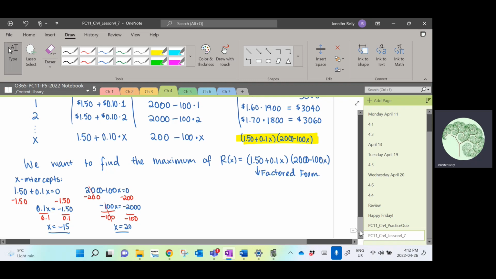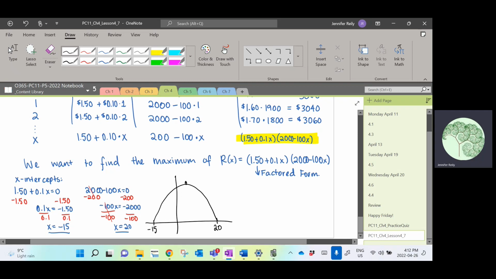Okay, so I've got two x-intercepts now. And we know this is a downward shaped graph because when you multiply this out, the x squared term is going to be negative. So we can find the maximum really easily. But the graph is going to look like this. The x-intercepts are at 20 and negative 15.